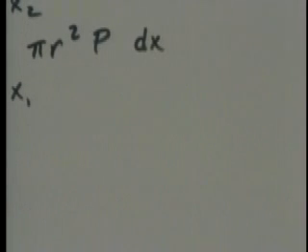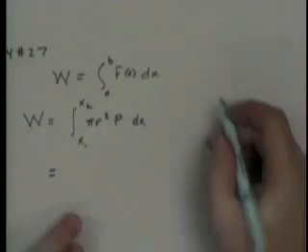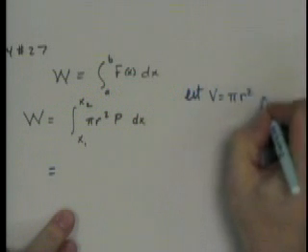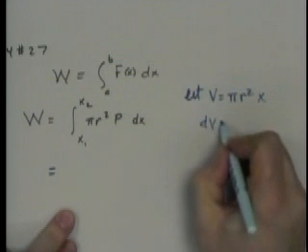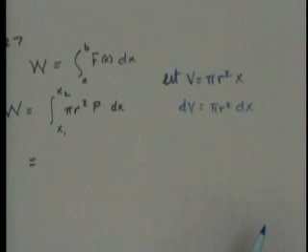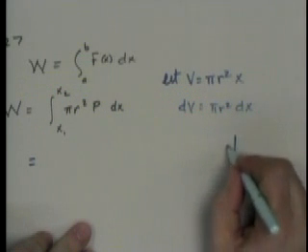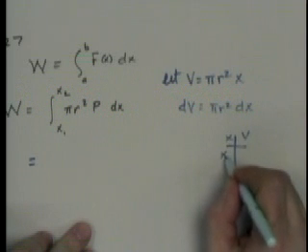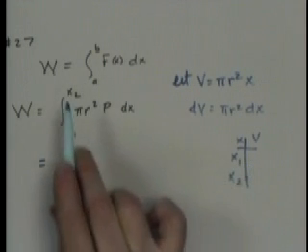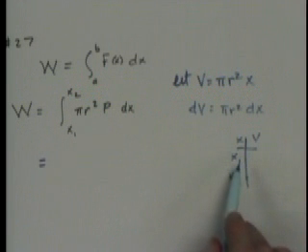All right. So over here to the side, let v equal pi r squared x. So dv is pi r squared dx. And remember, when I substituted to do a definite integral, I would change my limits, and put x1 in and figure out what the volume was at that point.